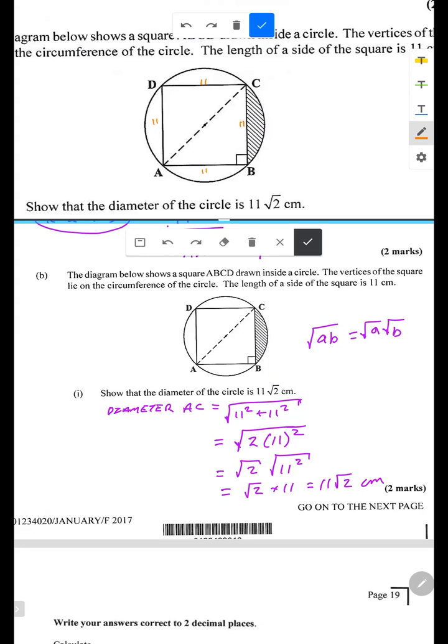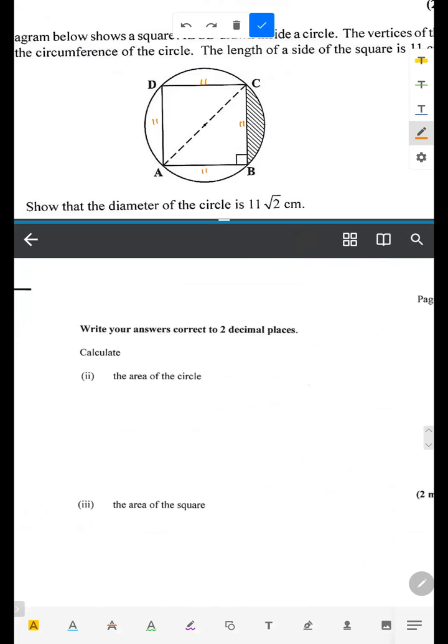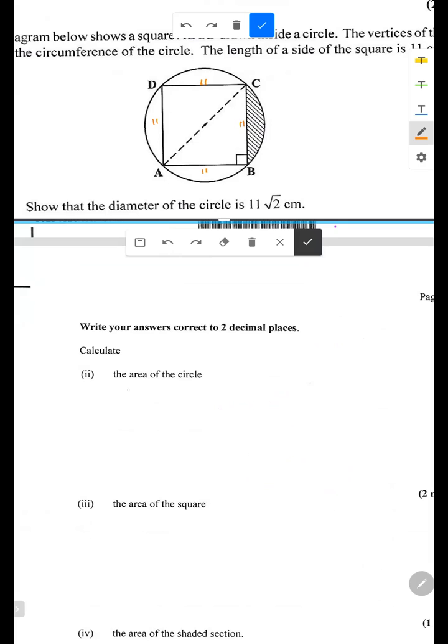All right, so moving on. The next part wants the area of the circle. Now remember, the area of a circle is pi times the radius squared. But they didn't give us the radius. They gave us the diameter. So let's establish a formula for the diameter.